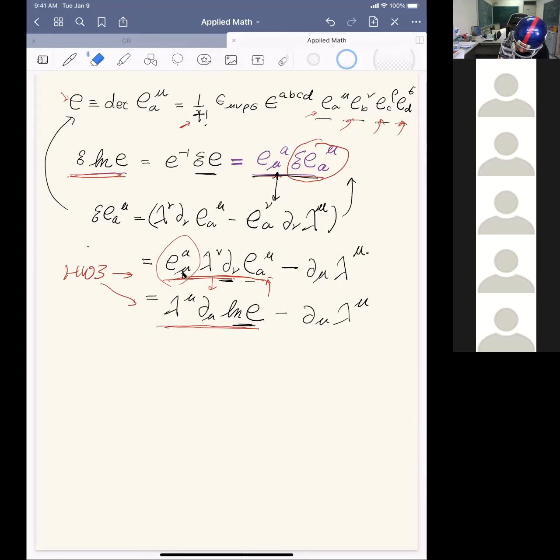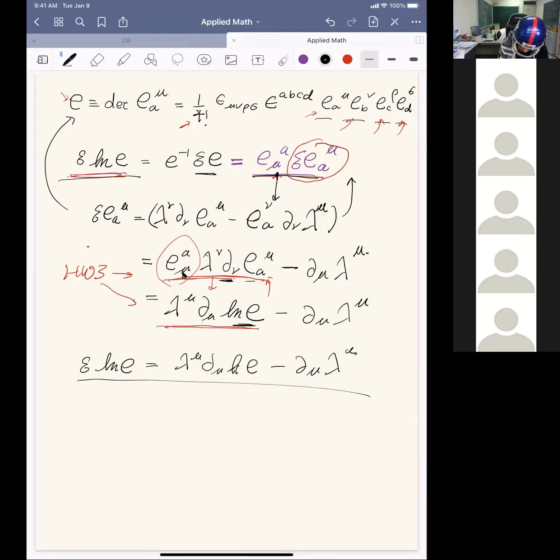So let's just recap. We've shown that the variation of log E is given by lambda mu partial mu log E minus partial mu lambda mu. Therefore, we're going to be interested in, as you will see shortly, the variation of E inverse.